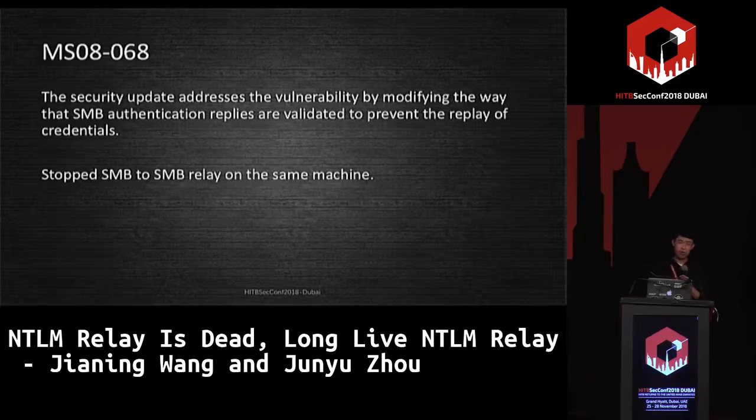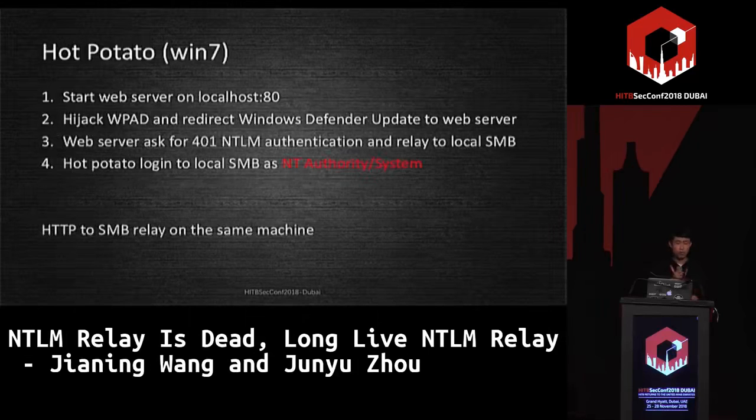Years later, there comes another exploit called Hot Potato. This exploit works on Windows 7. It first starts a web server on the localhost and binds on port 80. It will hijack WPAD and redirect the Windows Defender update to the web server.